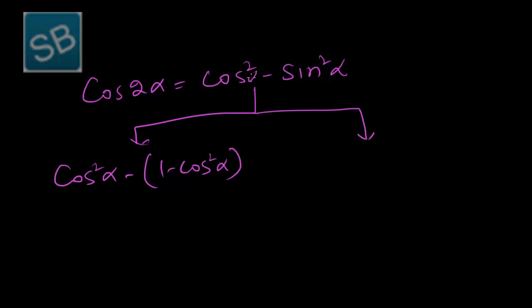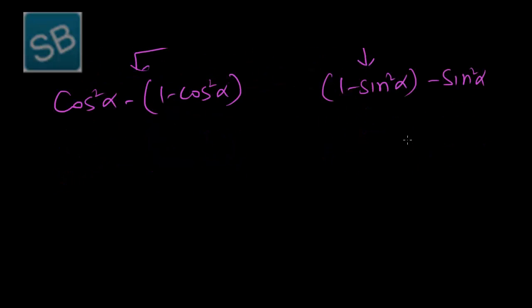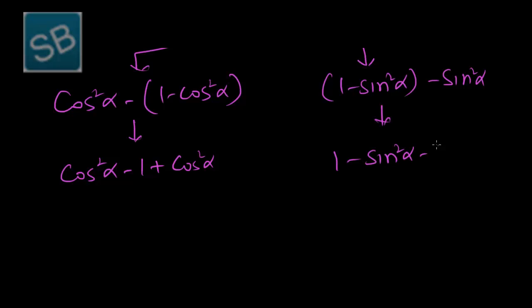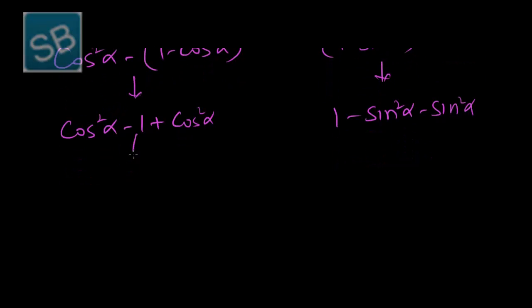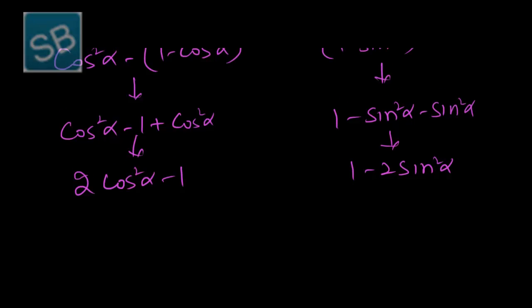Here we replace sin square by 1 minus cos square alpha, and similarly cos square by 1 minus sin square alpha minus sin square alpha. So the other two forms of cos 2 alpha are 2 cos square alpha minus 1 and 1 minus 2 sin square alpha.